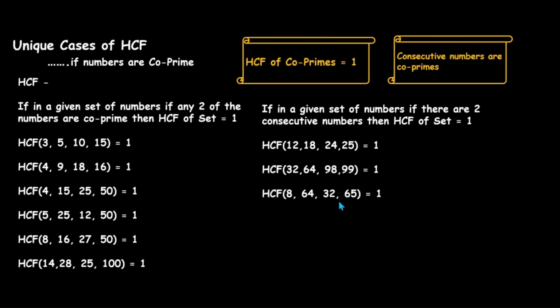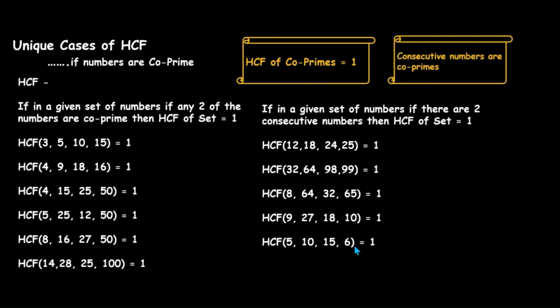Here 64 and 65 are consecutive numbers, so become co-primes, making the HCF of the entire set to be 1. Here 9 and 10 are co-primes as they are consecutive numbers, so HCF of the entire set will become 1.